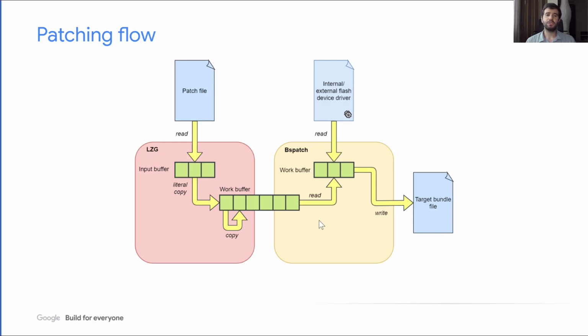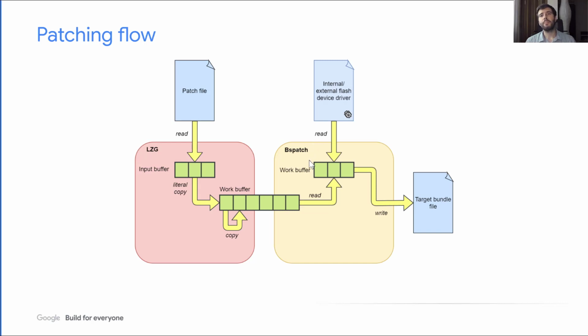So the patch command reads the data from the character device driver to the BSPatch work buffer, and sums it up with the data from the LZG work buffer, and the copy command simply reads the data from the character device driver to the work buffer, and the skip command simply updates the file offset of the character device driver to ignore some data.